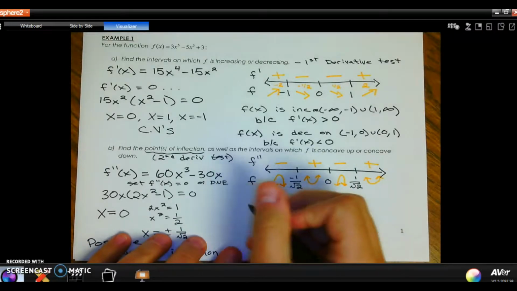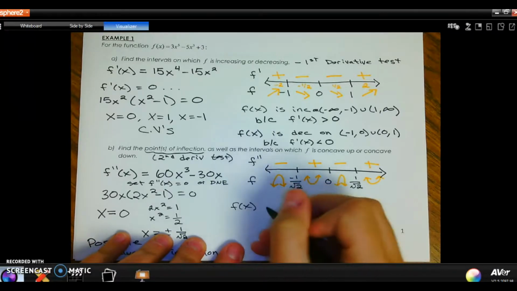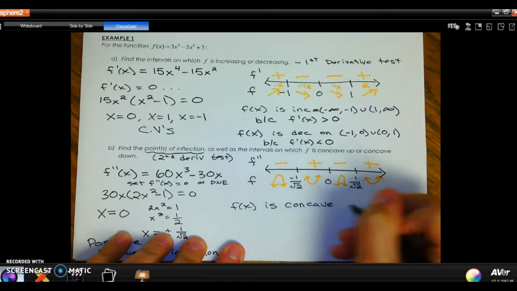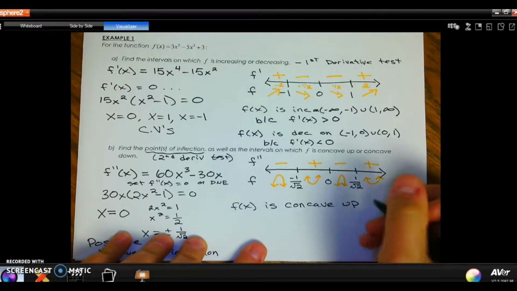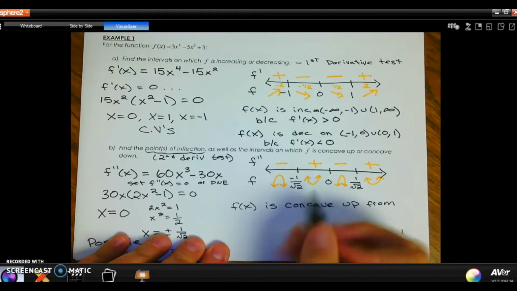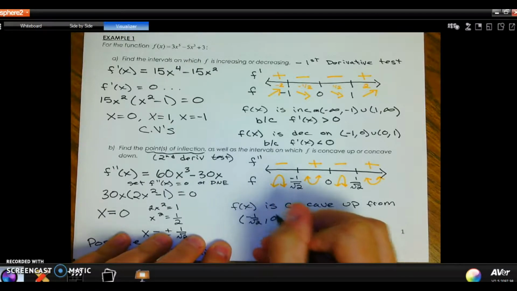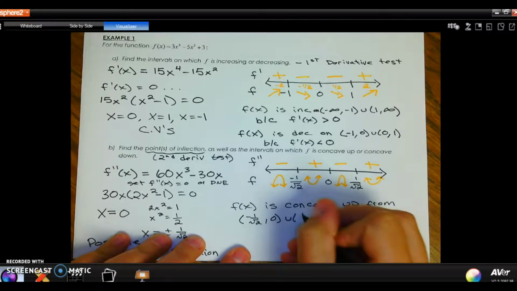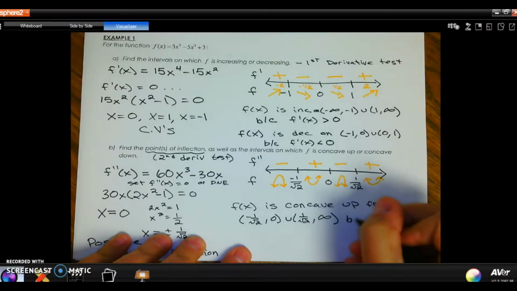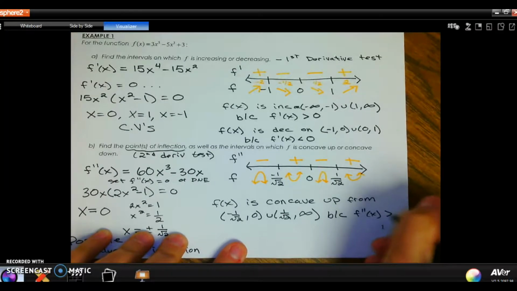Here I would say, you could say f of x is concave up, or you could say on, so it's concave up between those two. So that's negative 1 over square root of 2 to 0, union, and then it's concave up again at 1 over square root of 2 to infinity, because the second derivative is positive.